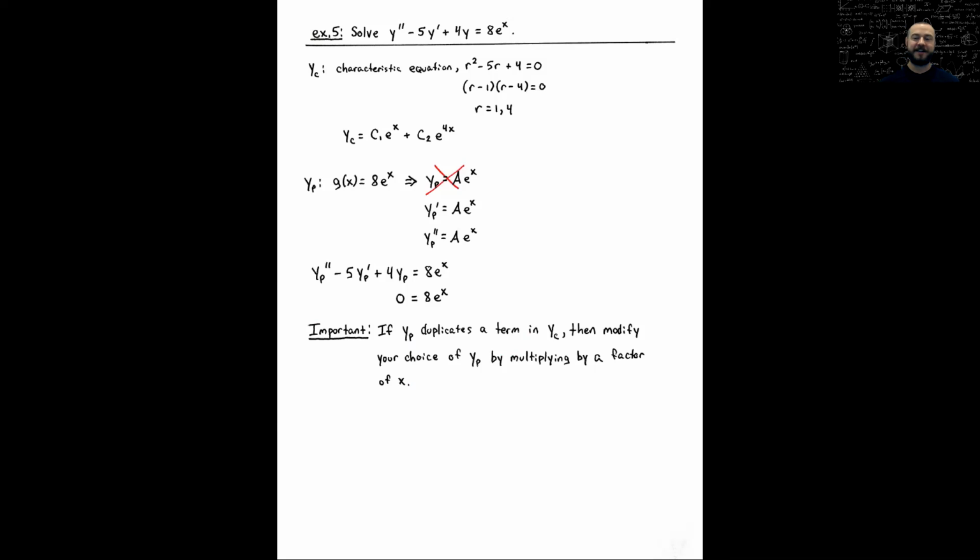We'll save the proof for those of you maybe going into mathematics. But how we fix this is with this kind of important, I don't want to say theorem, but kind of fix for undetermined coefficients, which is as follows. If yp duplicates a term in yc, that was e to the x being duplicated in yp and yc, then we modify our choice of yp by multiplying it by a factor of x.